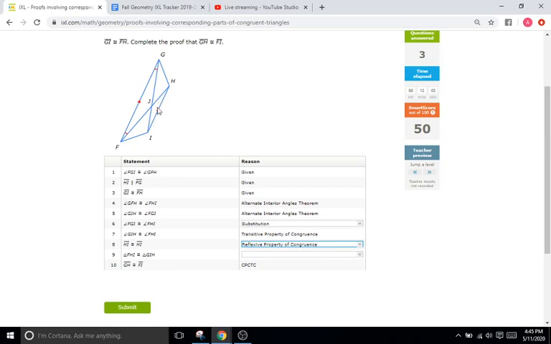So these two angles right here are the same. Okay, so that's an angle. So we have sides and then angles. And then we have HI is the same for both triangles. So HI equals HI. So we have a side followed by an angle followed by a side. And that's going to be the case for both. So it's going to be side, angle, side.